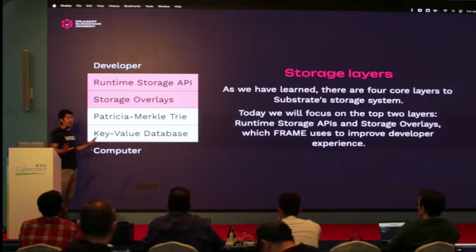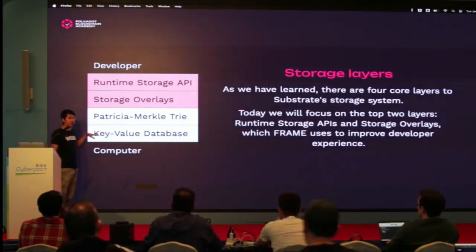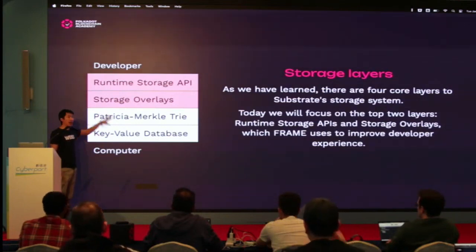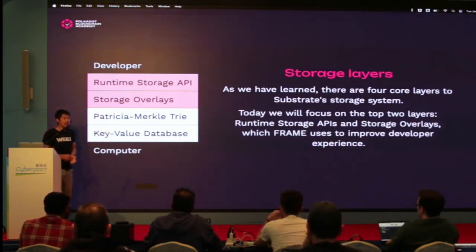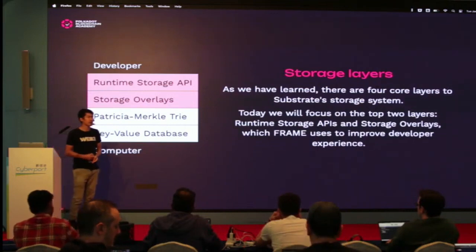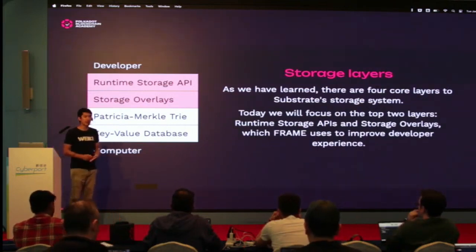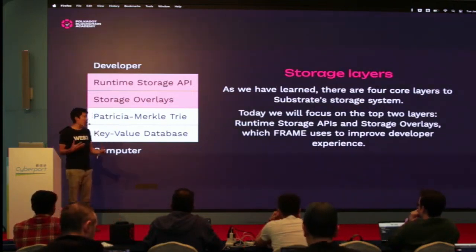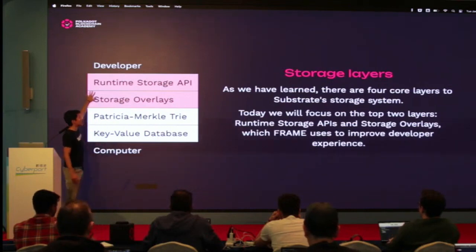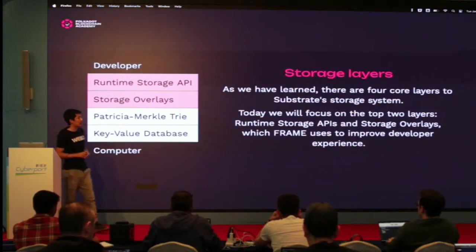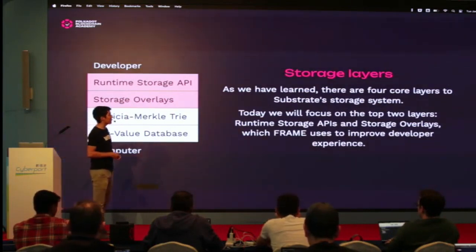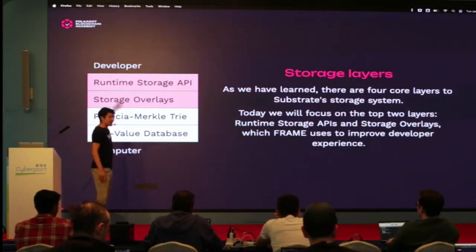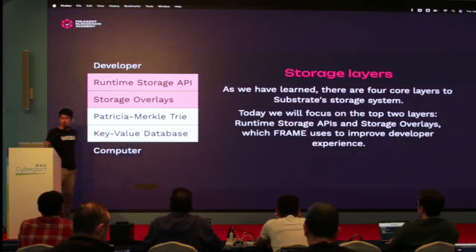You're not really touching the core Patricia Merkle tree or the core low-level database. We've made a lot of optimizations here already. I don't know if it's been mentioned that we use this thing called ParityDB instead of RocksDB. We have made a lot of optimizations here, but really these are the areas in which you touch these APIs, and that's what we'll focus on mostly in this conversation. These layers make sense, right? Okay.